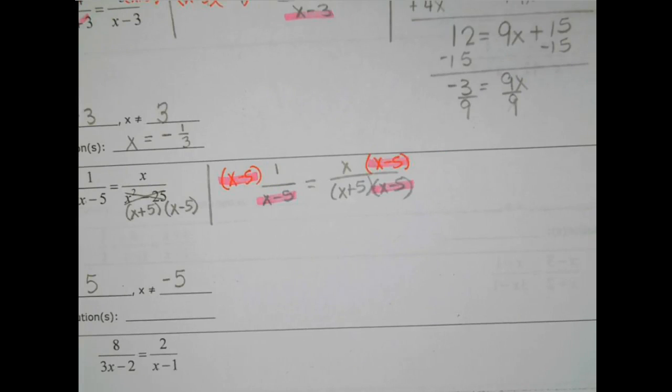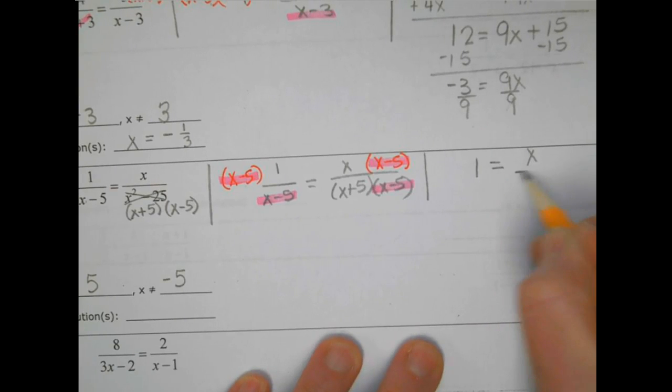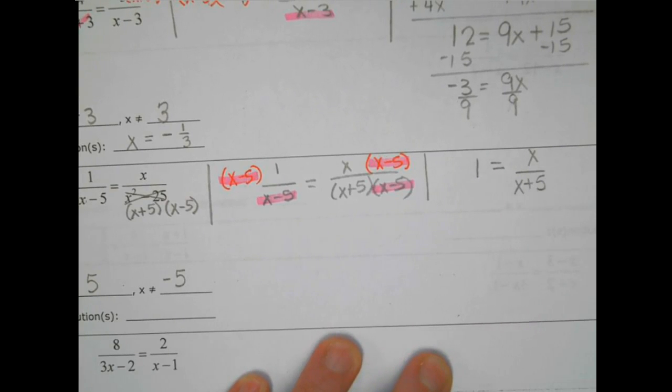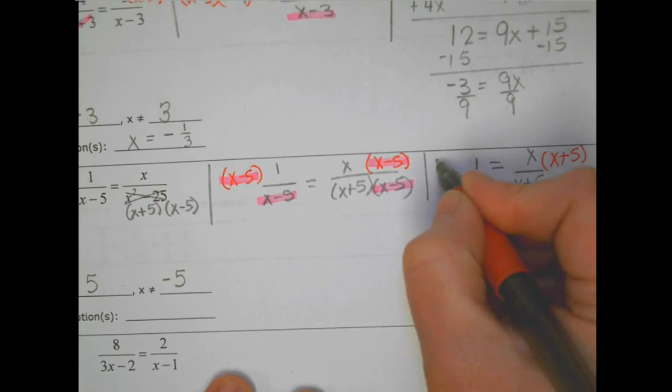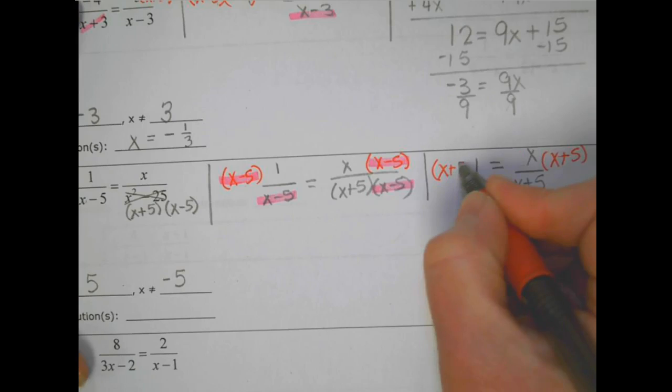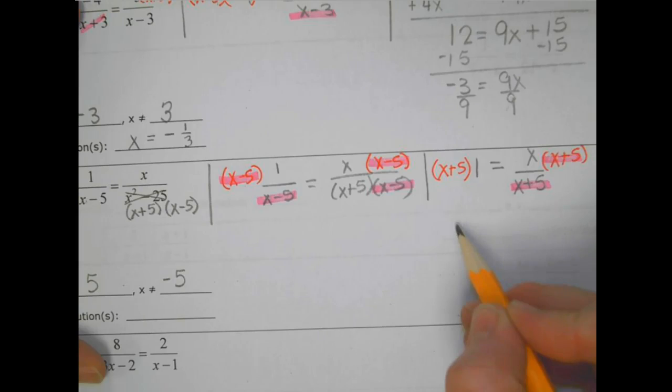Canceled on both sides. And so then I have 1 equals x over x plus 5. Multiply both sides of the equation by x plus 5. Cancel, cancel. X plus 5 times 1, distribute the 1. That's pretty easy.